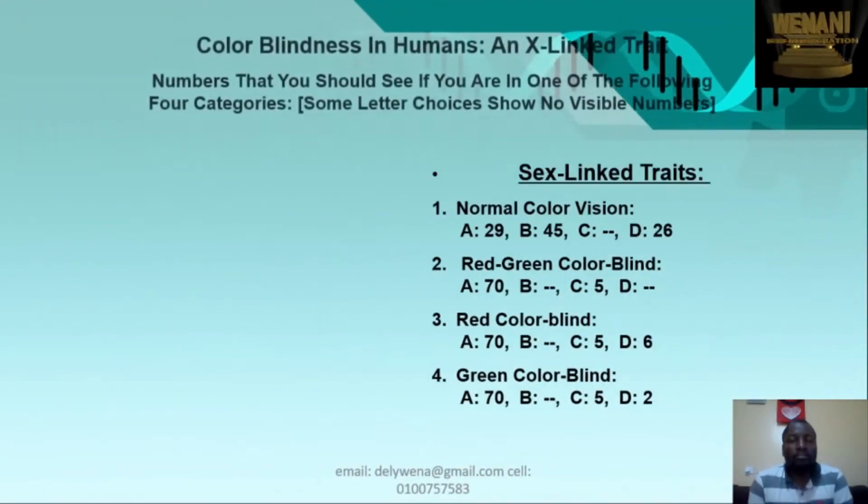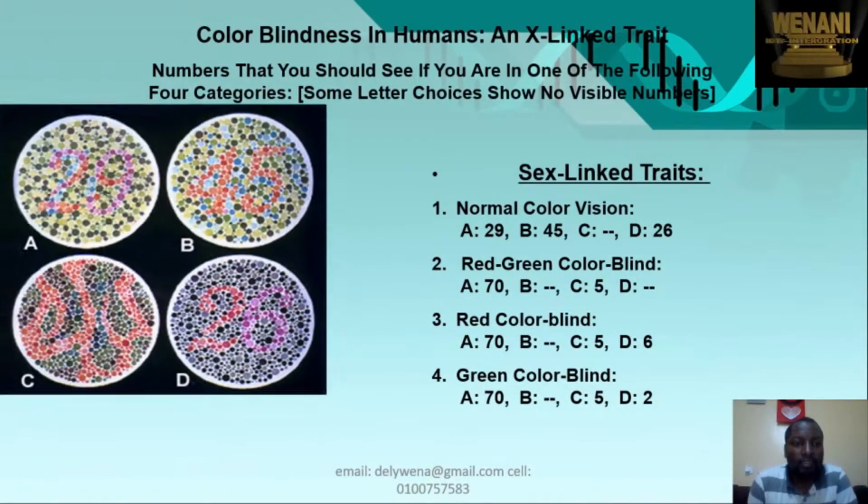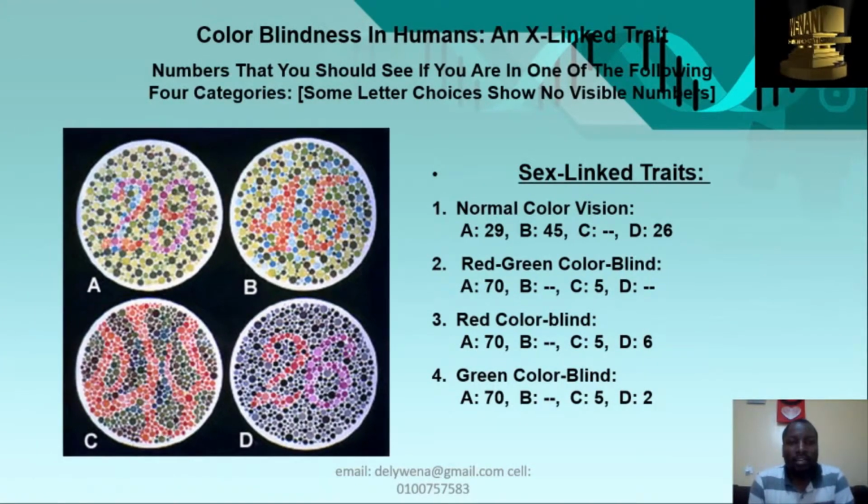Next I want us to do some practice to know if we are colorblind or not, and I'm going to give you some results so you can practice. If you have normal color vision, in diagram A you'll perceive 29, in diagram B you'll perceive 45, in diagram C you'll not see anything, and in diagram D you'll see 26.